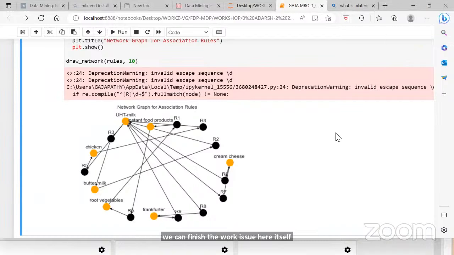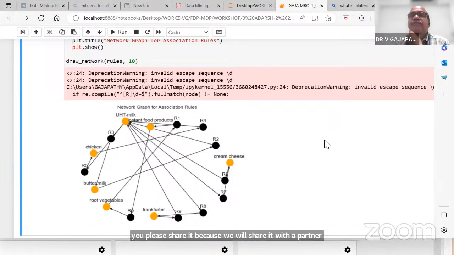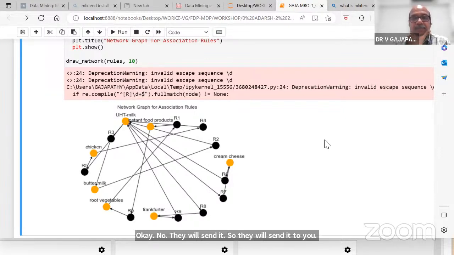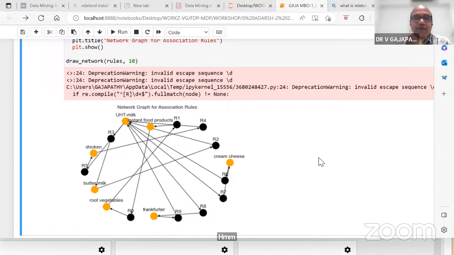Sir, you please share it with us, sir. We will share it with the participants. Yeah. No problem. I will be sending. You can send through email ID, sir. Okay. No, they will send it, sir. They will send it to you. It is all depending on you. No issue. Anyway, I can do.